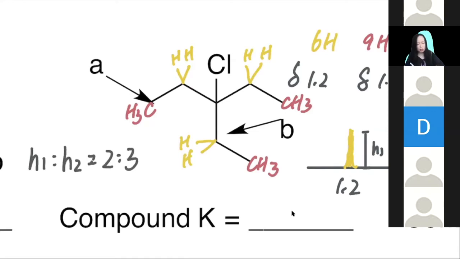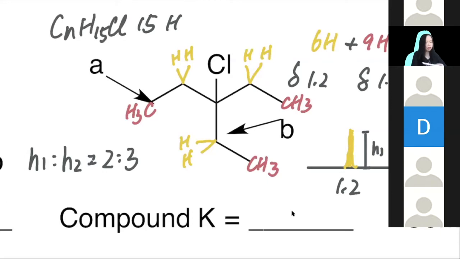Only after you solve the puzzle can you figure it out. For example, usually the formula of the compound is given. So you check the formula, and this is 15 protons, right? The formula is C, N, hydrogen 15, and there's a chloro, so chloro something. So there are 15 protons in total.